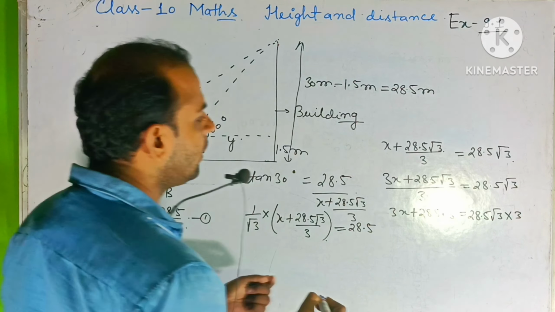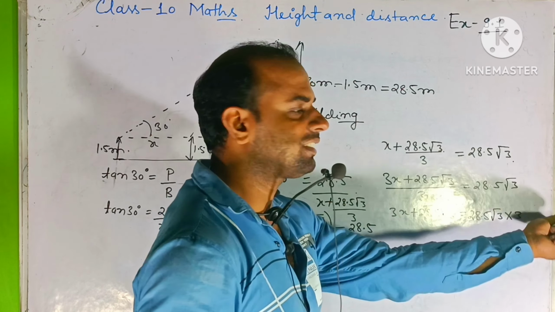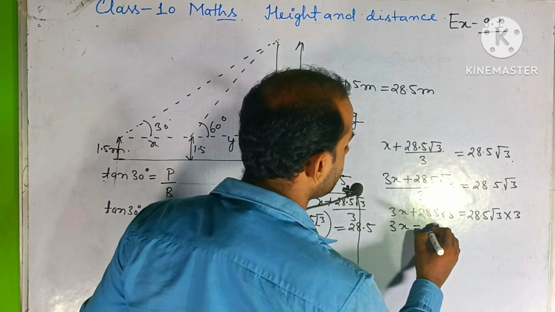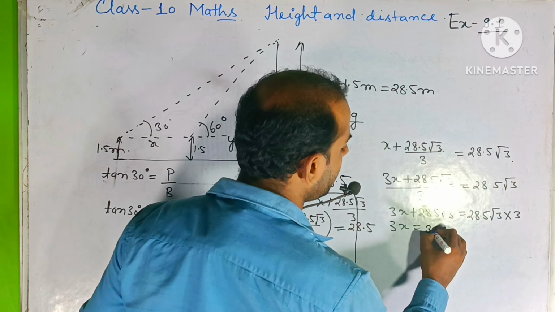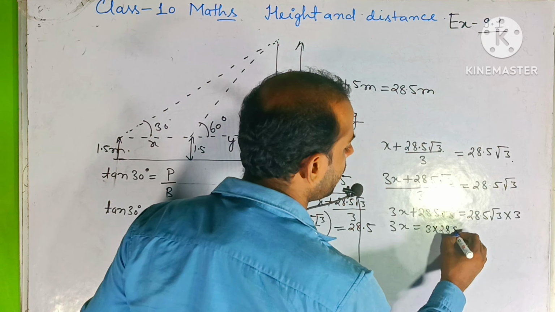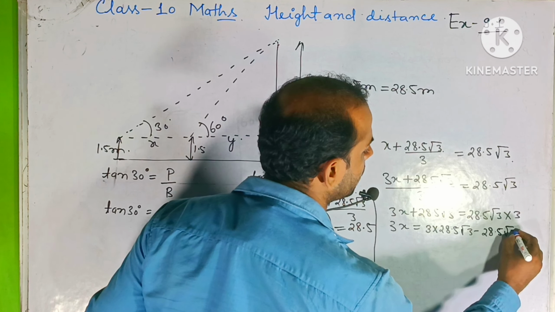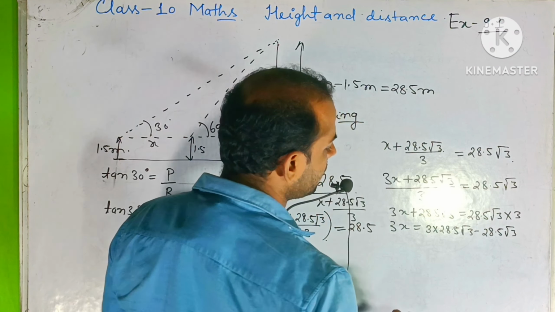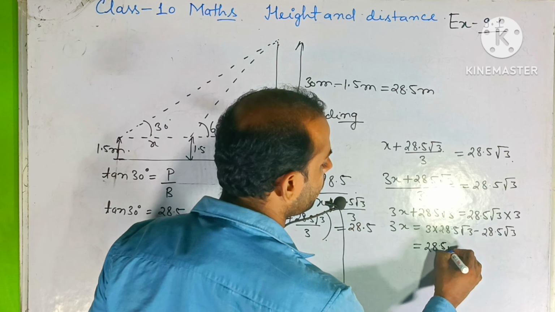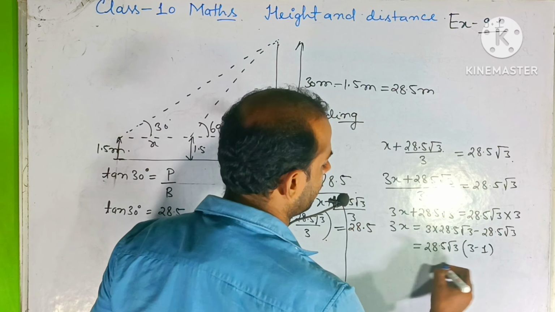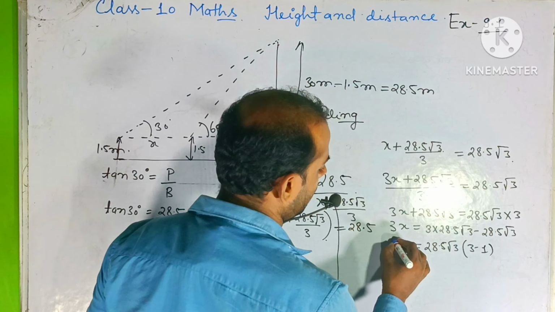Is it okay? Now we will shift this one to that side. What you will get? Here it will become 3x is equal to 3 into 28.5 root 3 minus 28.5 root 3. I think this one is here 3 times. We will take it as common, meaning 28.5 root 3 will come as common and it will become 3 minus 1, and here it is 3x.